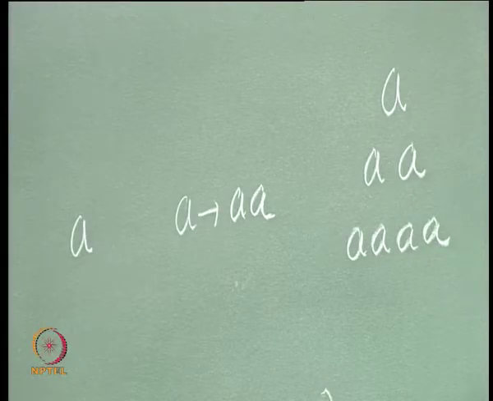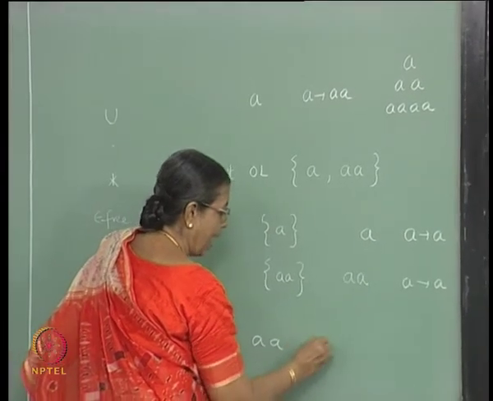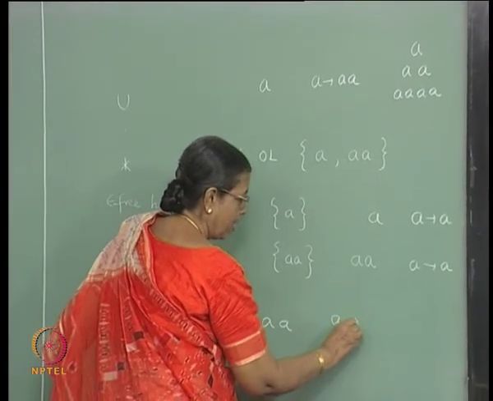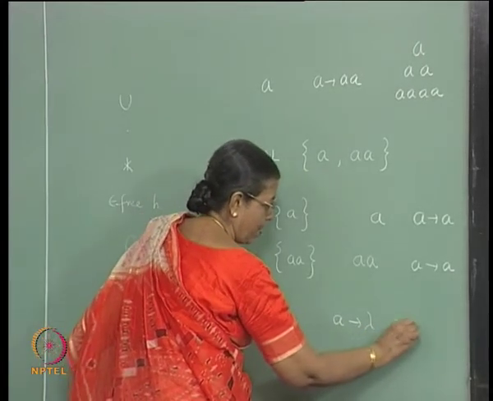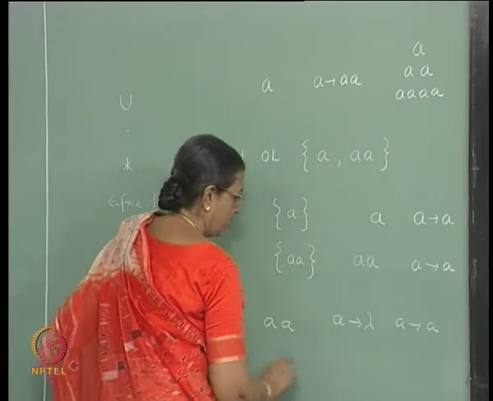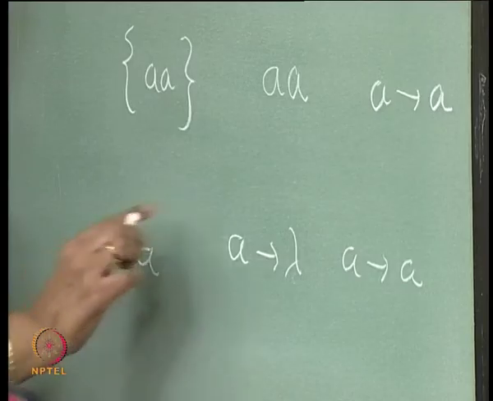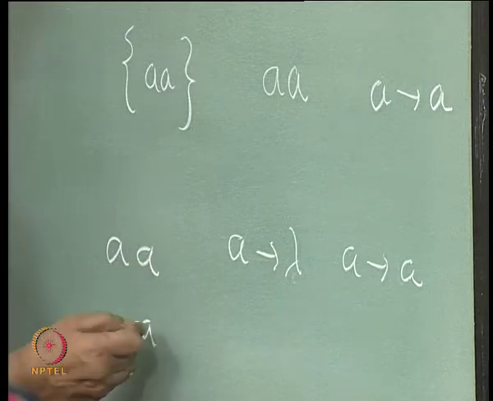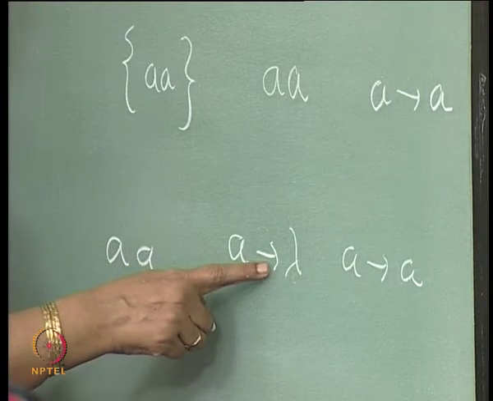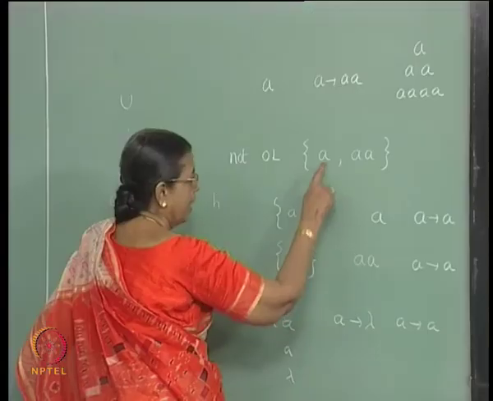Suppose I start with the axiom AA. To get A, I have to use the rule A goes to lambda, also A goes to A. So, from AA I can apply this rule for one A, this rule for another A and get A. But if I do that, again I can use this rule and get lambda also in the language, but lambda is not here.